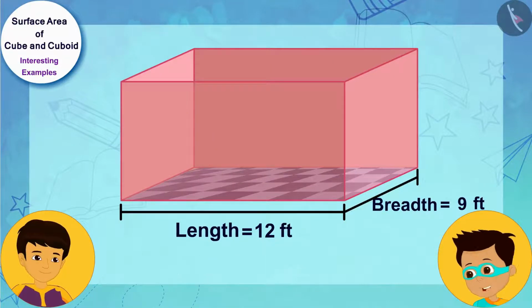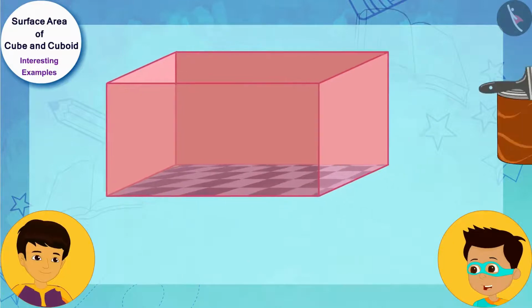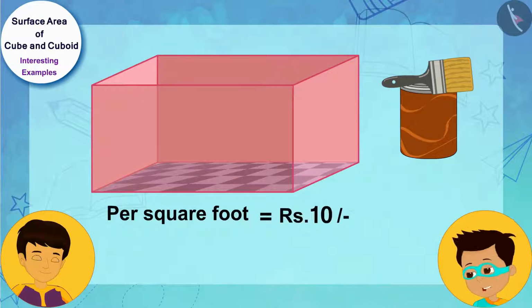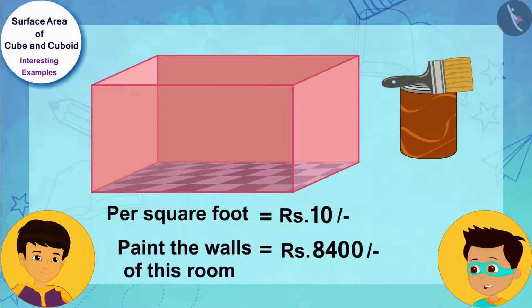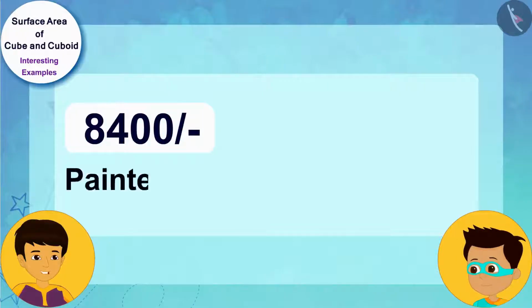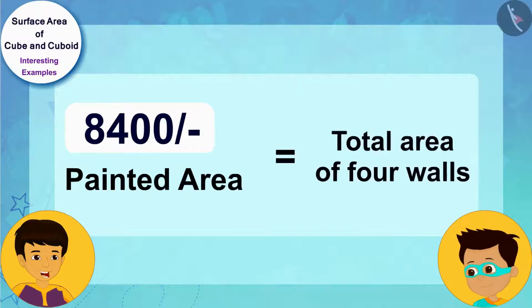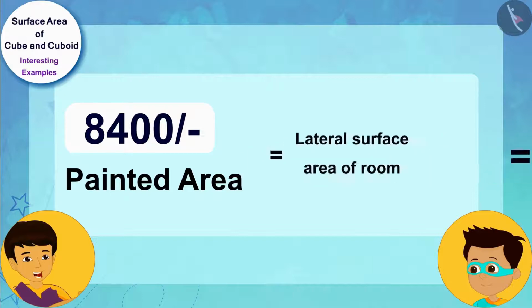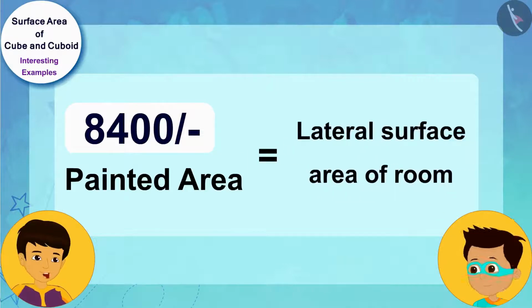Yes. It cost us 8,400 rupees at the rate of 10 rupees per square foot to paint the walls of this room. The area you painted for 8,400 rupees is equal to the total area of these 4 walls, or the lateral surface area of this room.